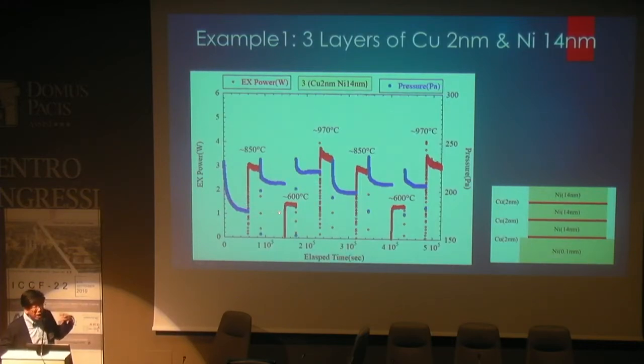And at this point, we evacuate the hydrogen gas in the vacuum chamber, and simultaneously, heater switch on, and about 850 degrees centigrade, we heat up the samples. Then we can observe the excess power about 3 watt, like this.